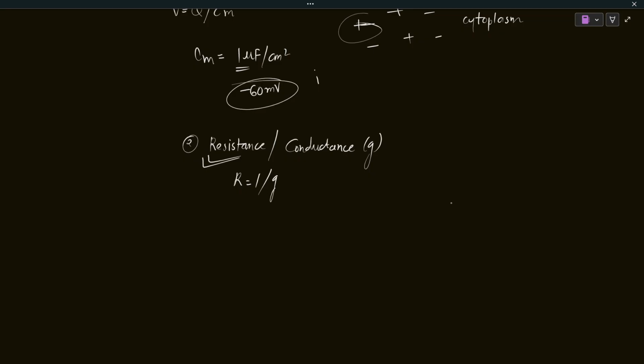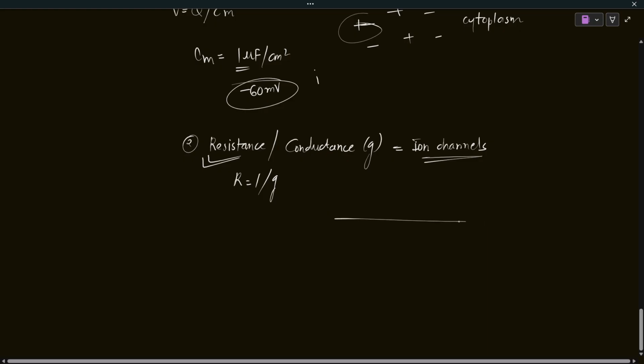In the neuronal membrane, resistance and conductance are derived from the ion channels. Why? Because, as we already discussed, the lipid bilayer separates two conductive environments and acts as a perfect insulator, so it has zero conductance.